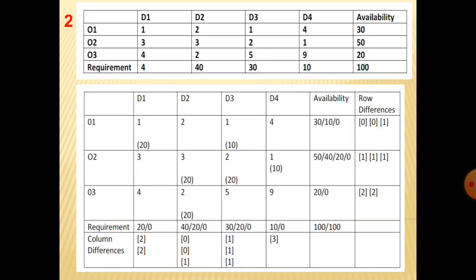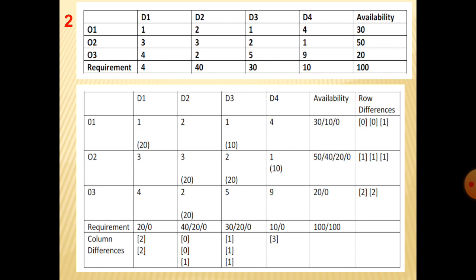Next I'll repeat the next problem. Here this is the problem, a 3 by 4 matrix. Here the problem is D1, D2, D3, D4 and requirements are 1, 2, 3.